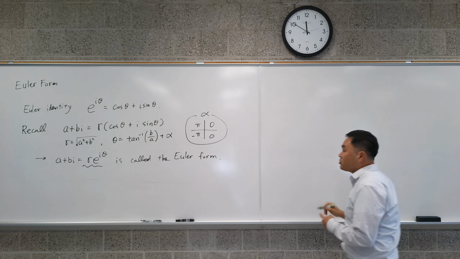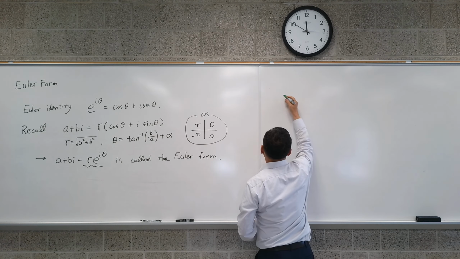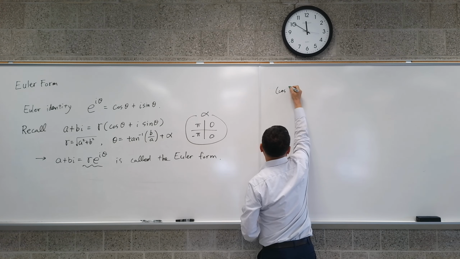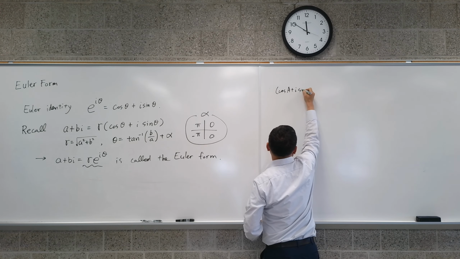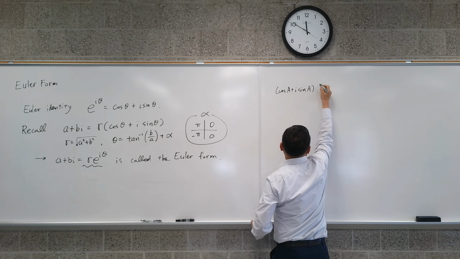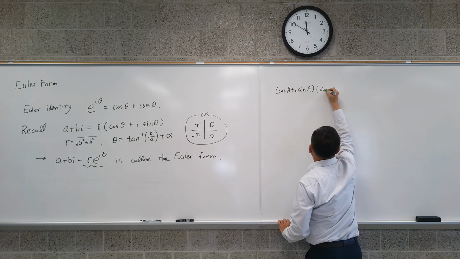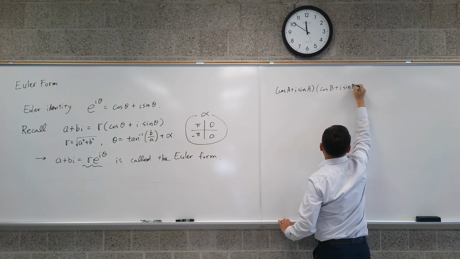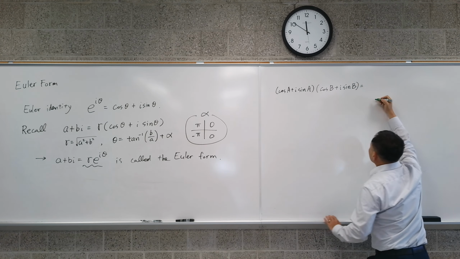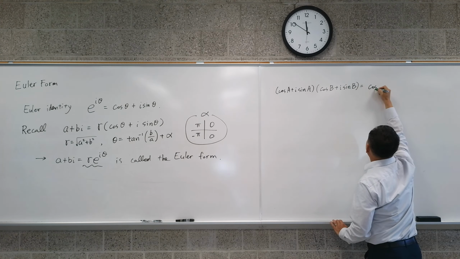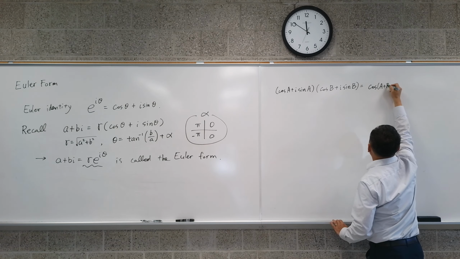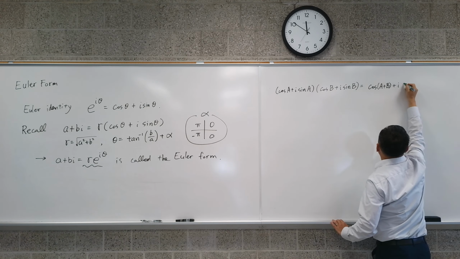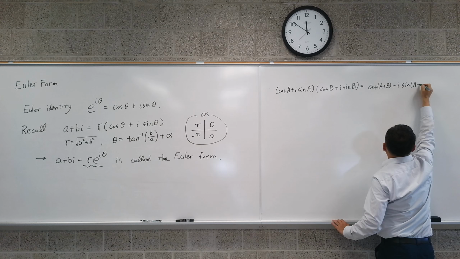I also mentioned that if you multiply cosine A plus i sine A with cosine B plus i sine B, that's going to give you cosine A plus B plus i sine A plus B.